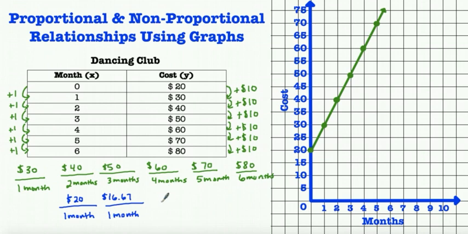And then we have $60 divided by the 4 months, and that ends up being $15 per month. And then we have $70 for 5 months, which ends up being $14 a month. And then we have $80 for the 6 months, which ends up being $13.33 a month.